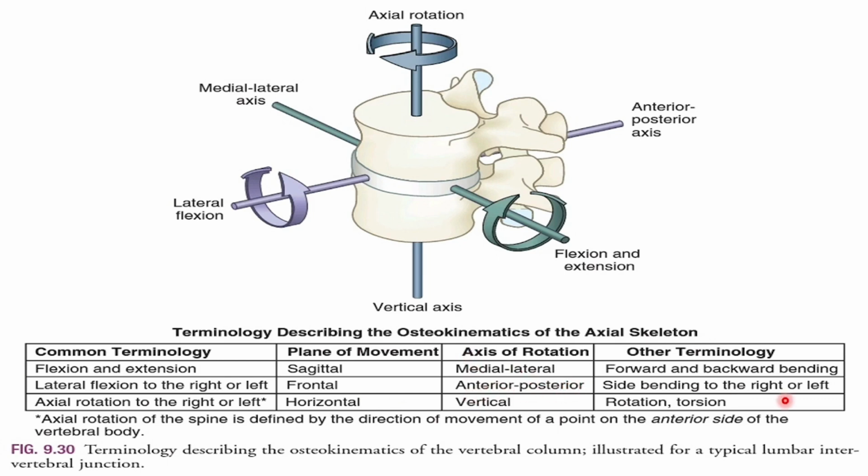The terminologies used are side bending to right or left. And the next motion is axial rotation to right or left, which happens in the horizontal plane and vertical axis. The other terminologies used for axial rotation are rotation as well as torsional movements.